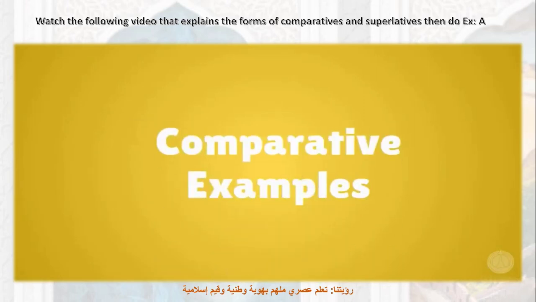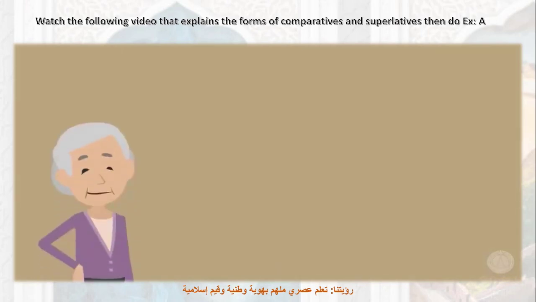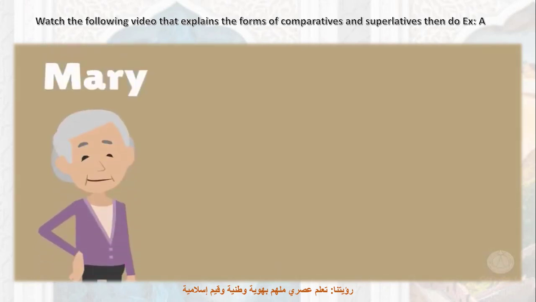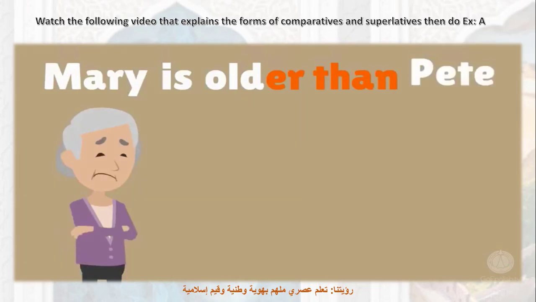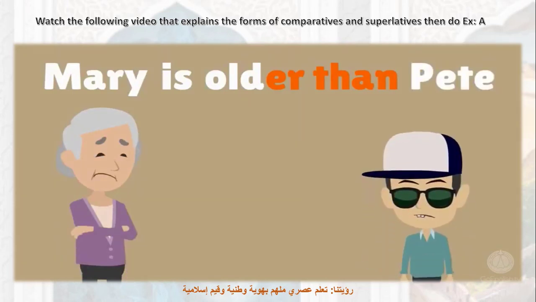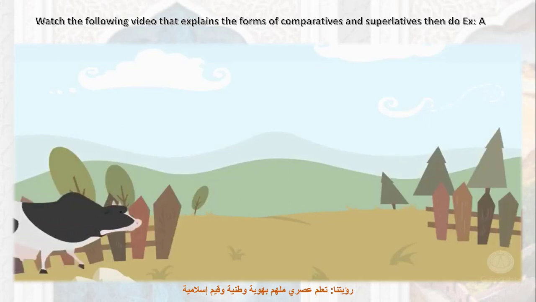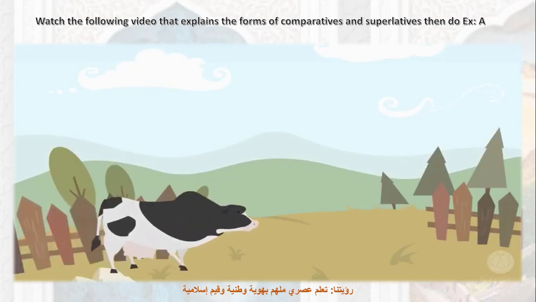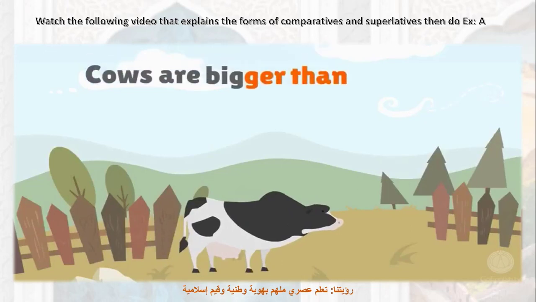Comparative examples. Mary is older than Pete. Cows are bigger than chickens.